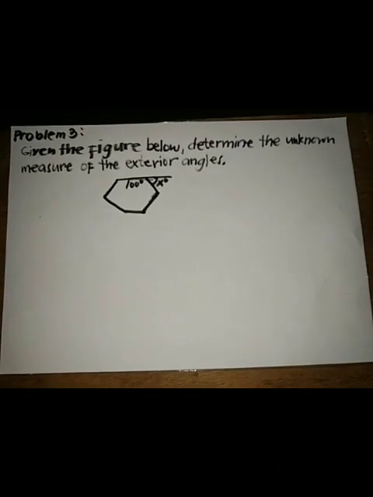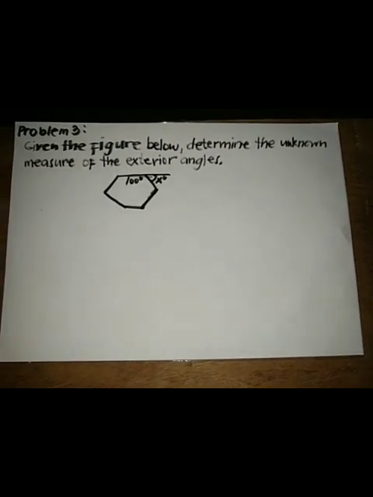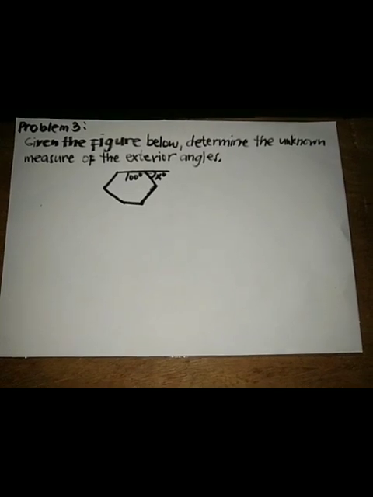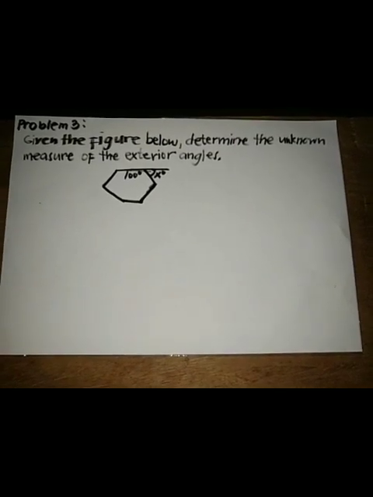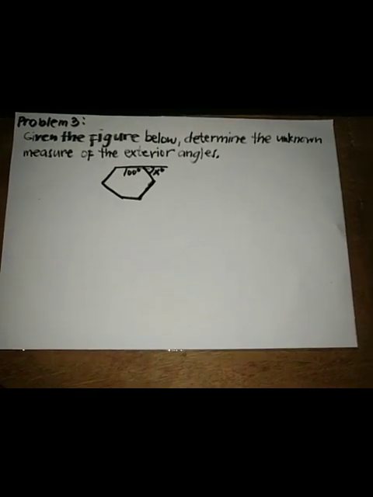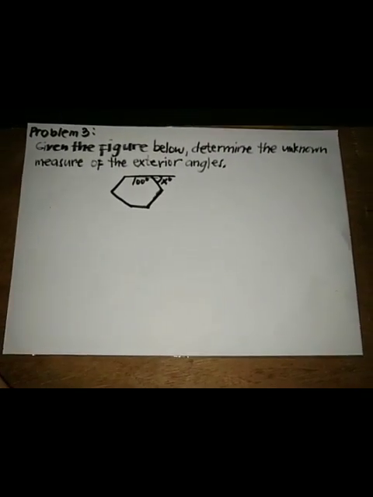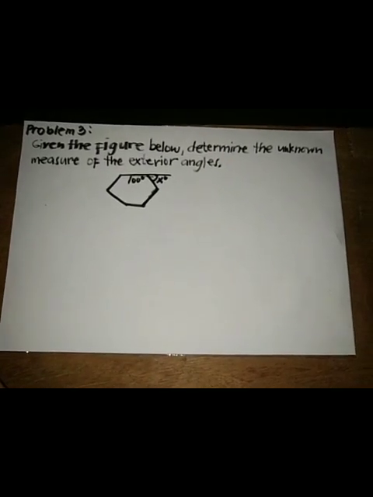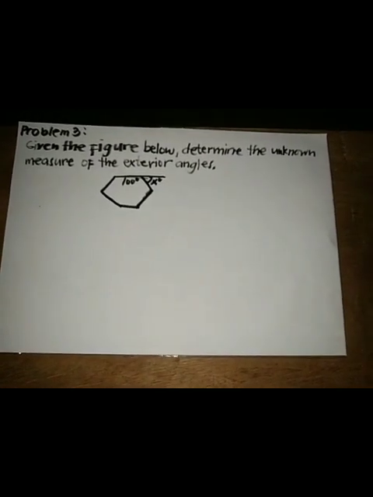The third problem is, given the figure below, determine the unknown measure of each exterior angle. So also we apply the problem solving technique. Step 1, in the given problem, our goal is to solve for the measure of each exterior angle of the given figure.